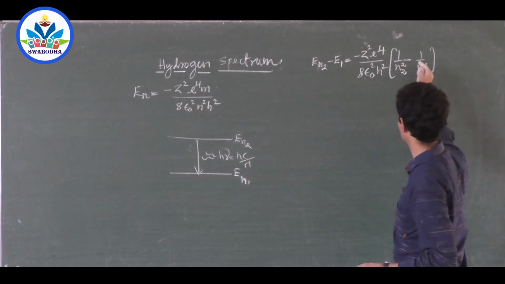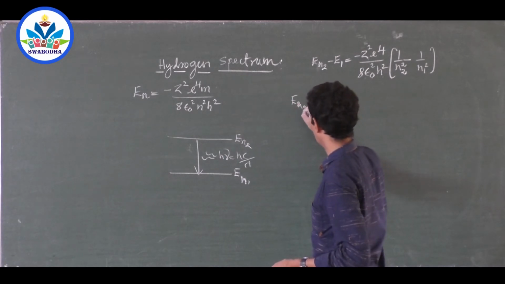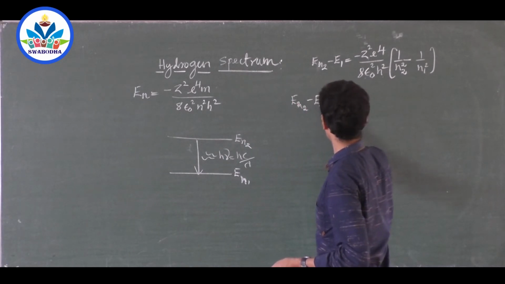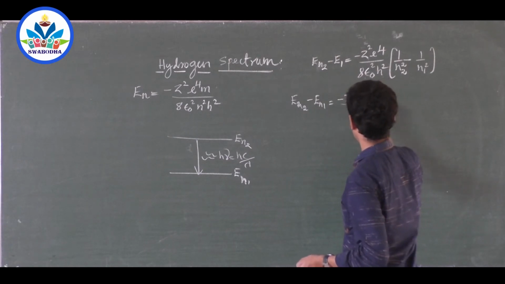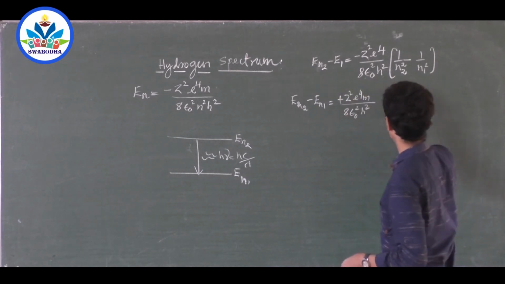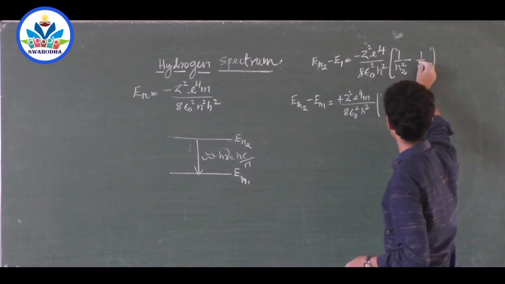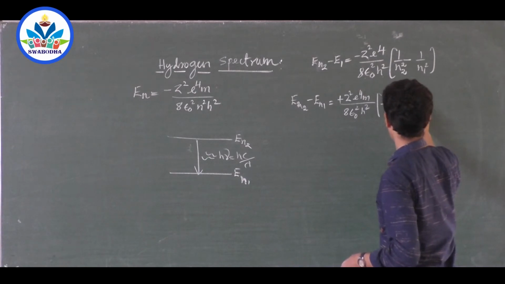Now take this minus sign inside, it becomes easier. The energy change from n2 to n1 is equal to minus Z square e to the power 4 m divided by 8 epsilon naught square h square, minus sign to the inside. This becomes minus, this becomes plus: 1 by n1 square minus 1 by n2 square.